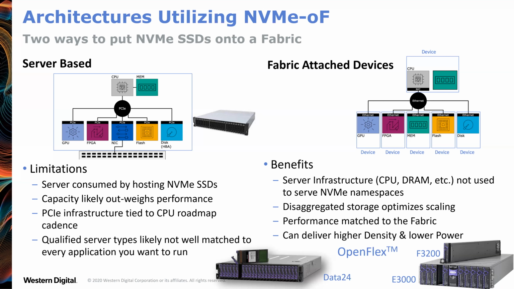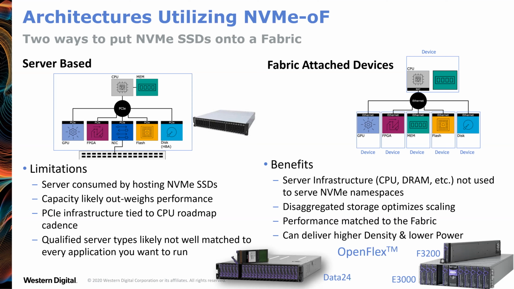Once we're disaggregated, you can really optimize your scaling. In the case of flash, when you want to add flash to your infrastructure, you don't have to add a whole server just to do that. You can add our flash devices or our flash JBOF directly onto the fabric, and that capacity is realized by every other resource available on the fabric.